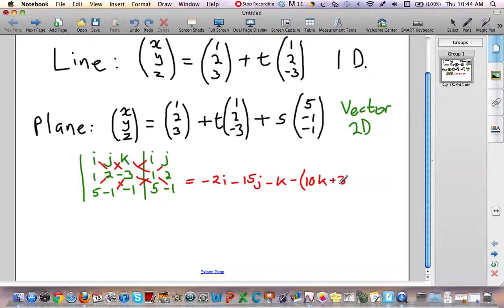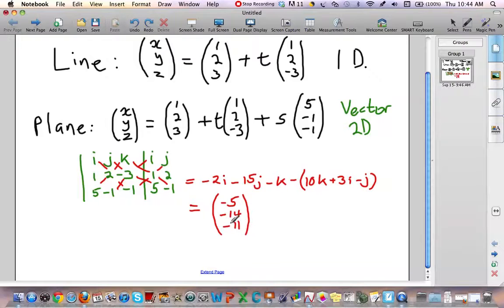plus 3i minus j, and I'm going to add and subtract my like terms, and I'm going to write it in vector form. I'm going to obtain minus 5, minus 14, and minus 11.